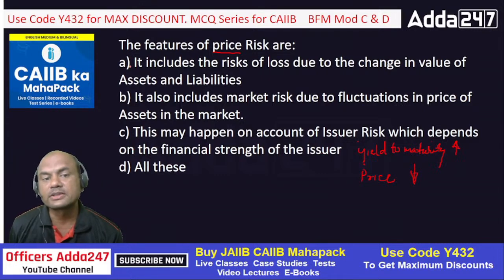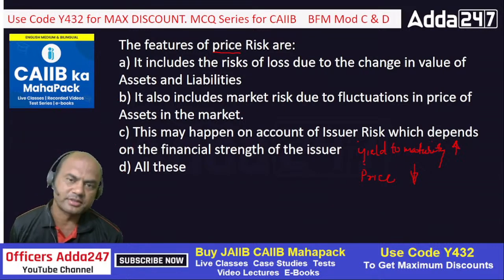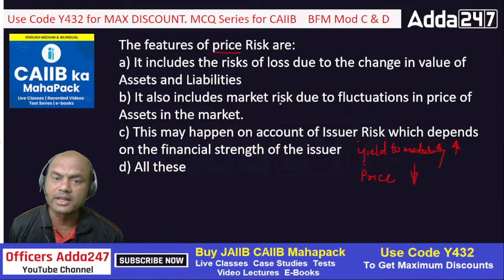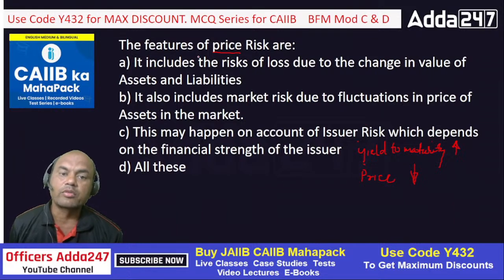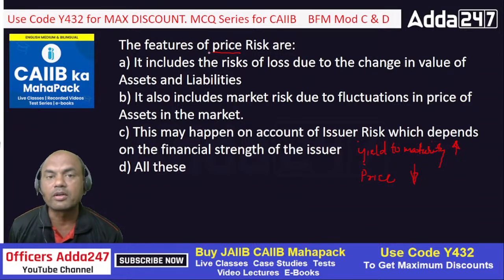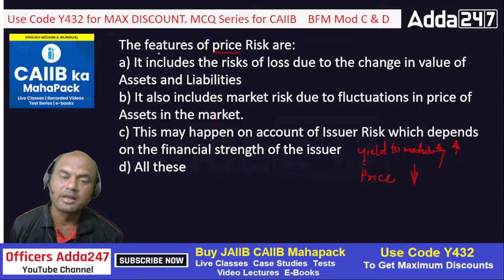So what do you think should be the answer? A, B, C or D? Which one? Price means what is the price of my bond or my instrument will be affected by which of these? Or what may lead to the loss in prices of my bond or any financial instrument?